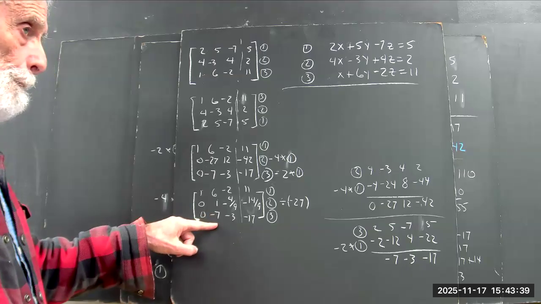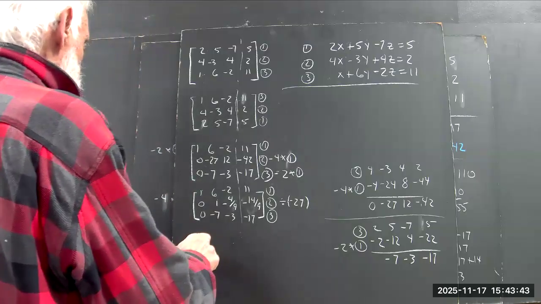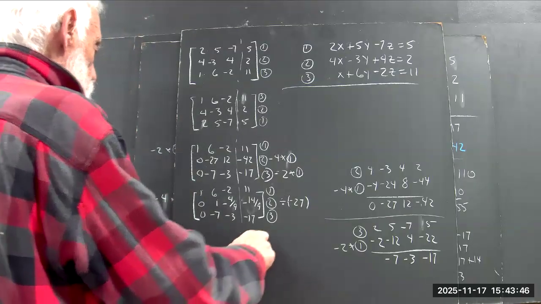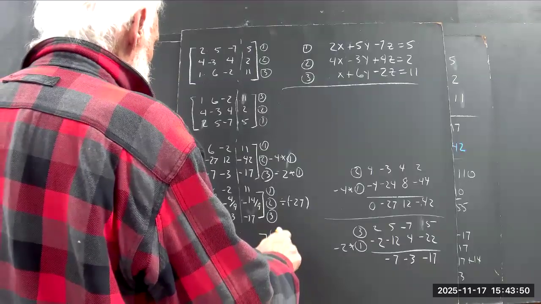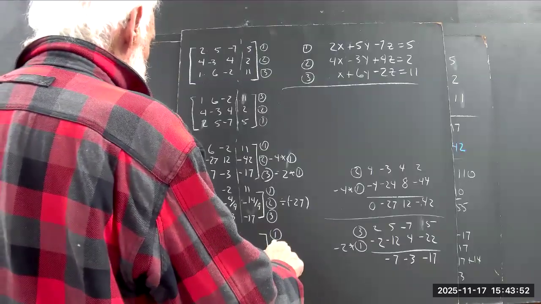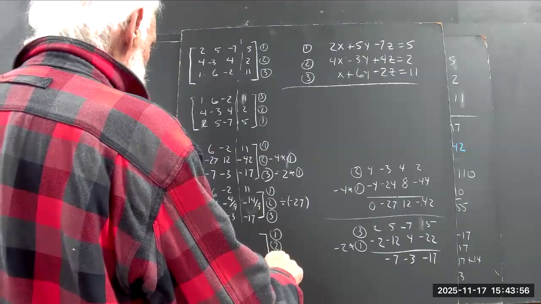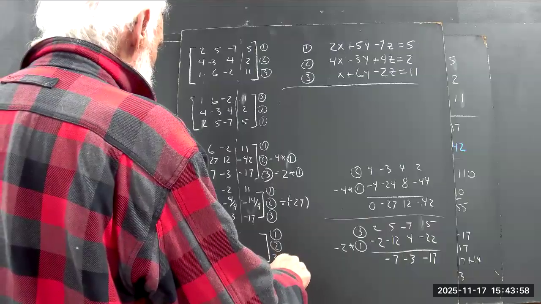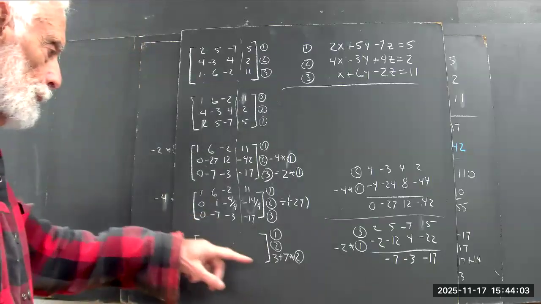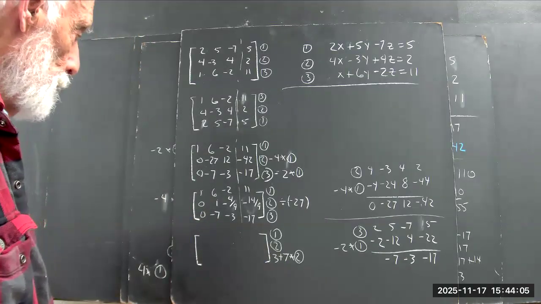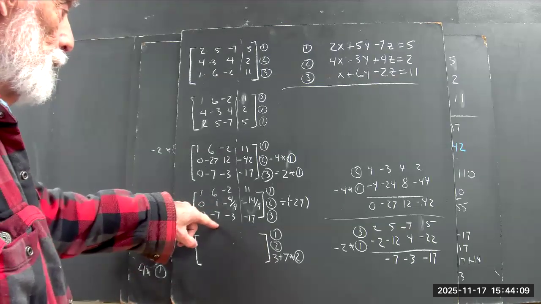I want to get a 0 here. In order to do that, keep row 1, I keep row 2, but to row 3, I'm going to add 7 times row 2 because that'll give us a 0 here.